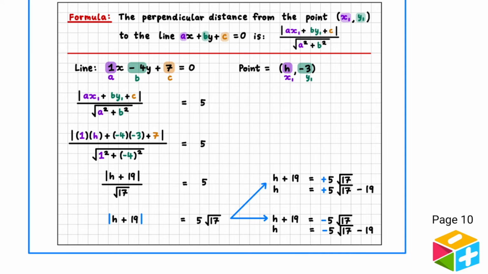Focusing on the first case, subtracting 19 from both sides gives us h is equal to plus 5 root 17 minus 19. In the second case, subtracting 19 from both sides gives us h is equal to minus 5 root 17 minus 19. So there's the two solutions for h.